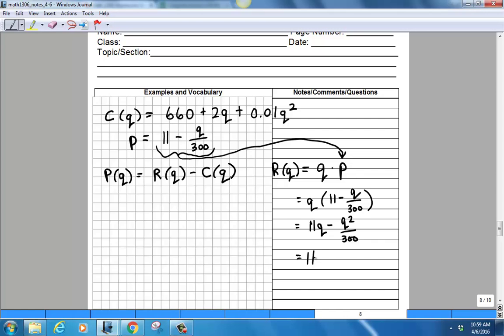Let's write that Q squared over 300 with decimals. So take 1 divided by 300 on your calculator. What is 1 divided by 300 on the calculator?